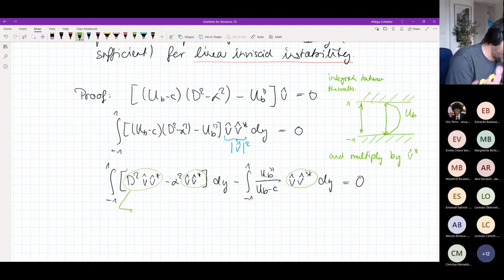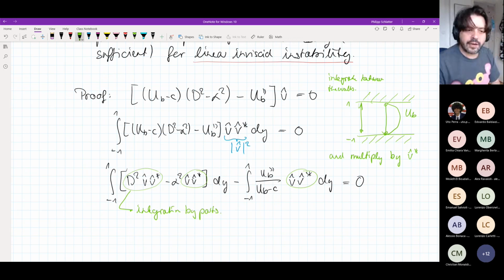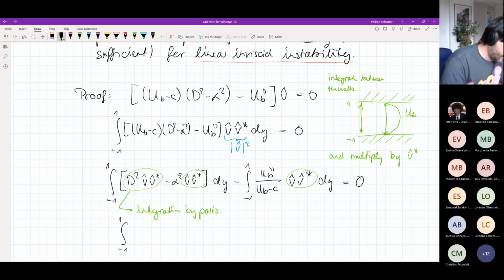The way to do that is an integration by parts. So the usual trick, if you have a second derivative and two terms you would like to deal with: we get the integral from -1 to 1 of V hat star times d squared V hat dy.